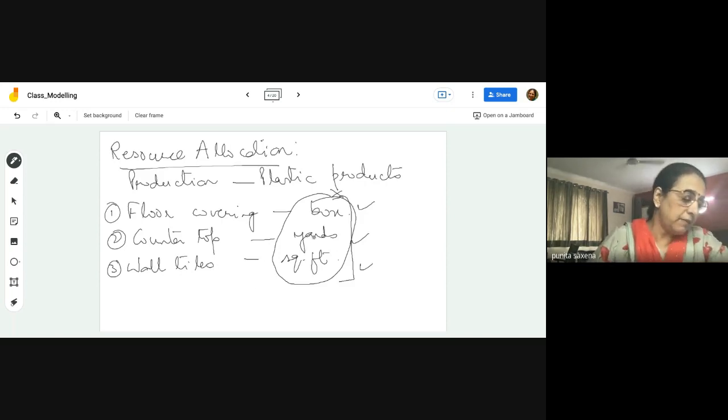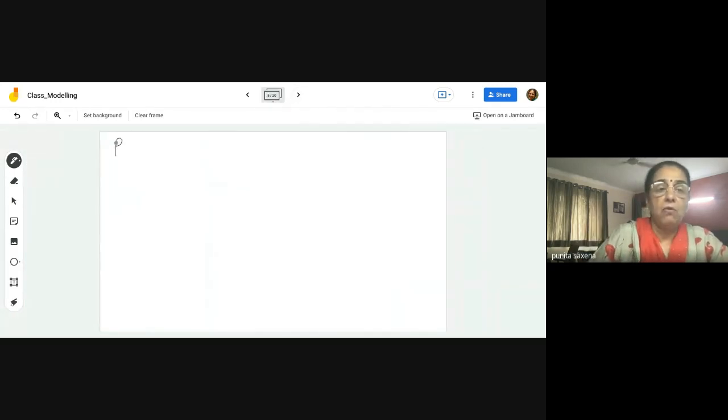The next paragraph says, of the many resources needed to produce these products, we have identified four resources. So these are the products, and now we can talk of the resources.